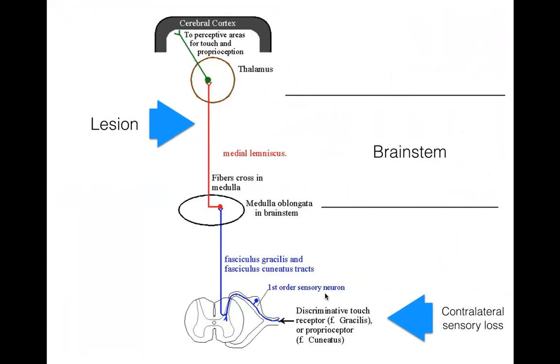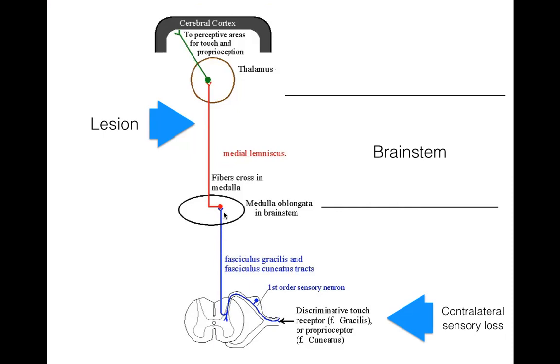This pathway carries discriminative touch and conscious proprioception. So that information is relayed to the first-order sensory neurons found in the dorsal root ganglion, which sends out fibers and enters the dorsal horn and ascends ipsilaterally in the spinal cord. This is known as the fasciculus gracilis and the fasciculus cuneatus, or collectively known as the dorsal column.